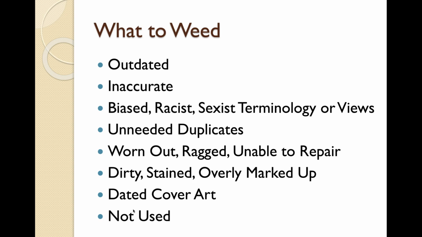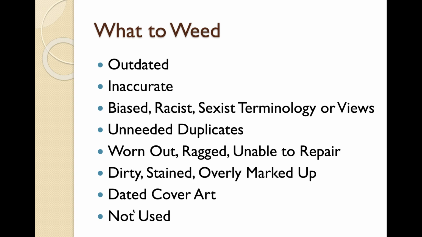So what to weed? What are we going to look at? What's CREW going to tell us? Shorthand: outdated books, which contain inaccurate information. It's really important to get rid of outdated books, and I'll show you a good example at the end of this.